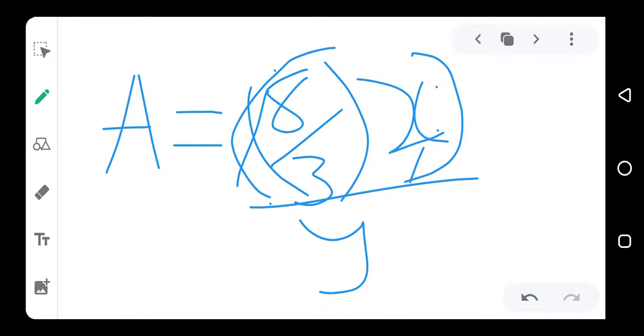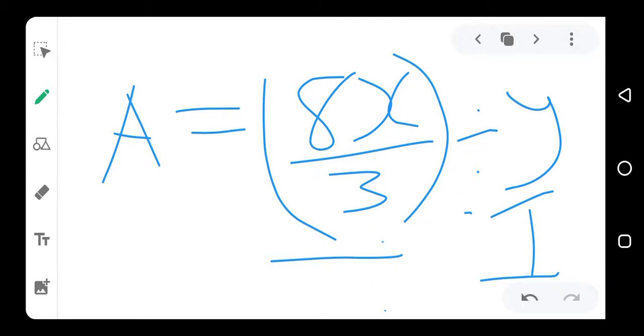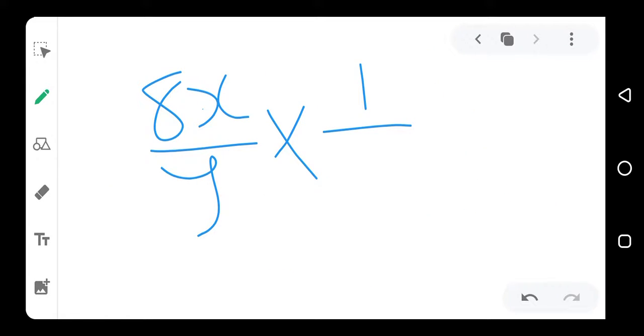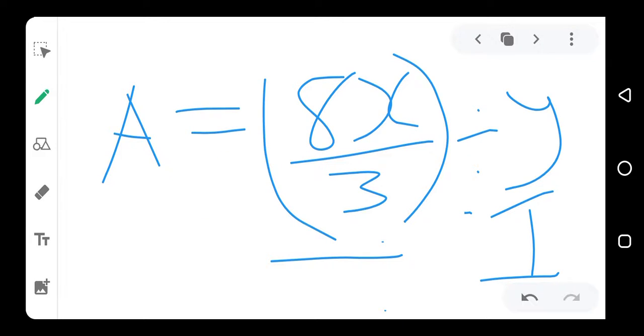This is 8x over 3. So the y that is up here, we bring it down, and the one that is down, we bring it up. So it becomes 1 over y.